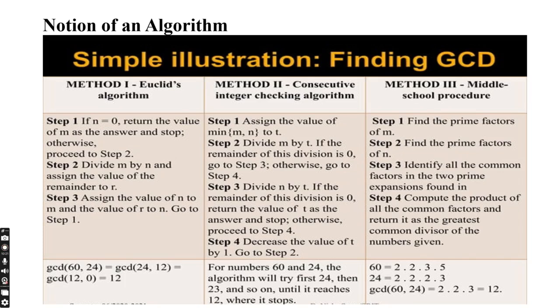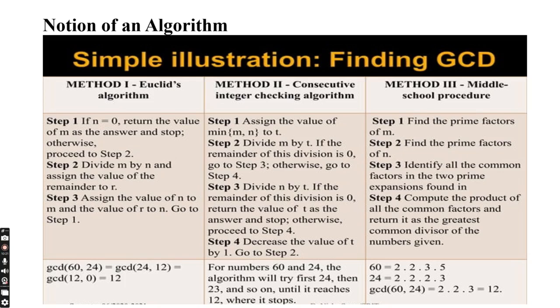Euclid's algorithm obviously uses mathematical operations. Step 1: if n equals 0, return the value of m as the answer and stop the algorithm. Otherwise, step 2: divide m by n and assign the value of the remainder to r.